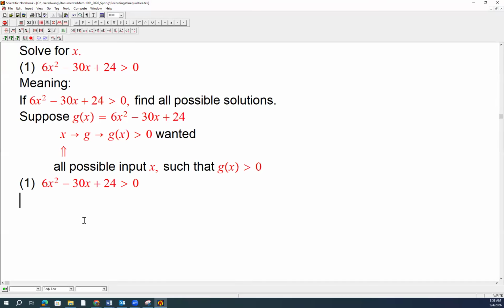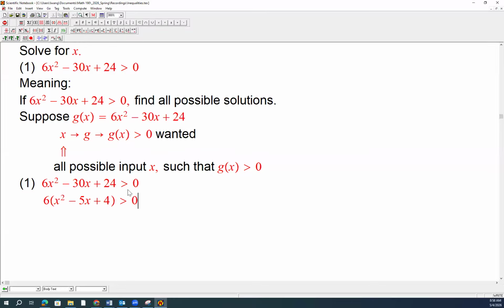When you see this question, your first instinct is to factor out the 6. And indeed, we can factor out the 6. We divide 30 by 6, that's 5, and divide 24 by 6, that's 4.